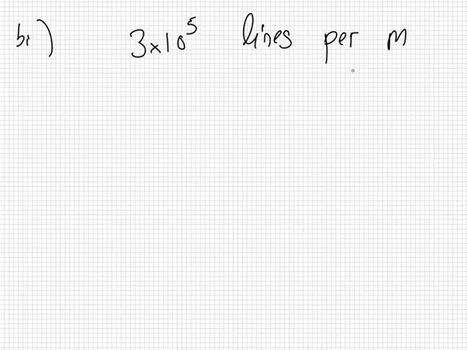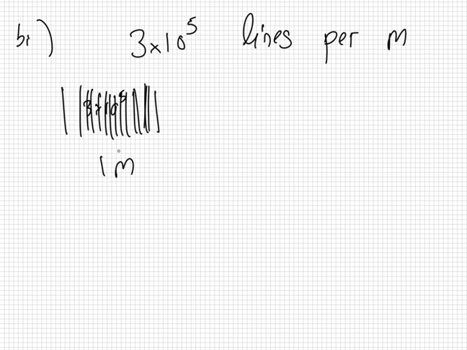Okay, B part 1. Try B part 1 now, please. B part 1, it's 3 times 10 to the 5 lines per meter. So that means in 1 meter you have 3 times 10 to the 5 lines. So they want the distance between each line.